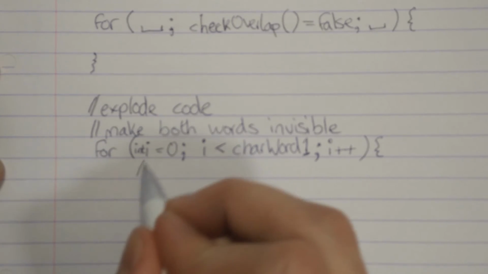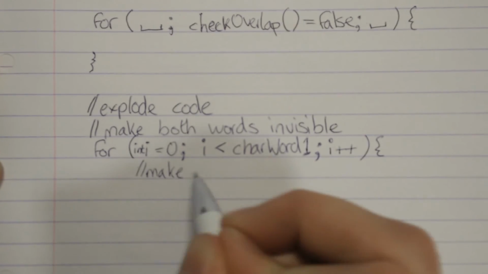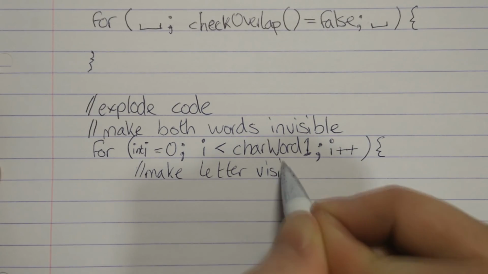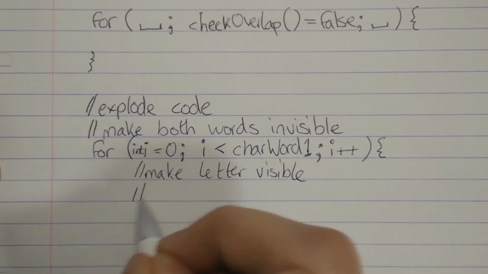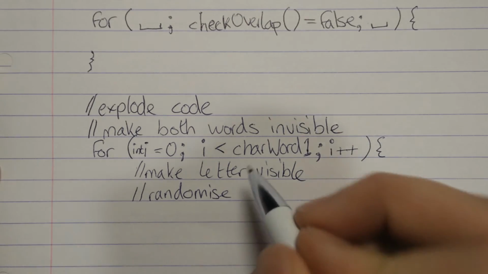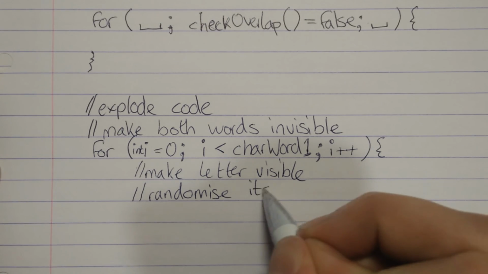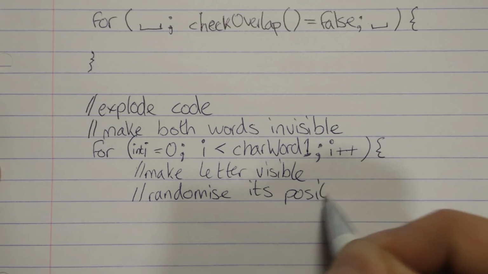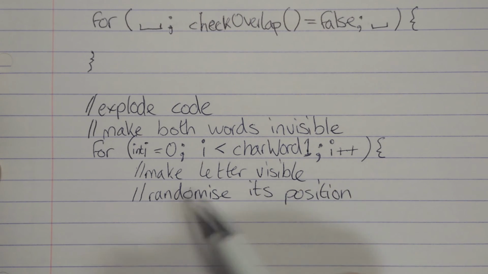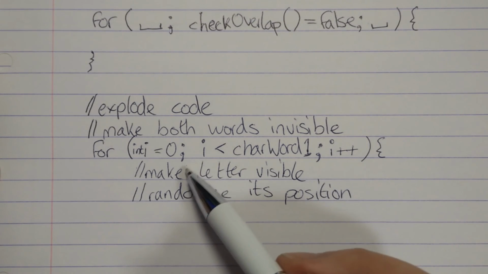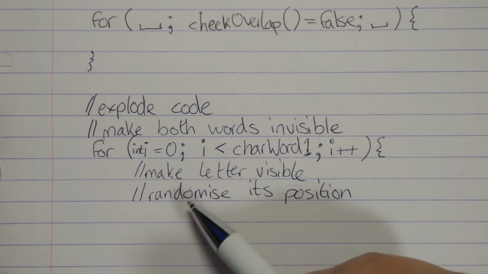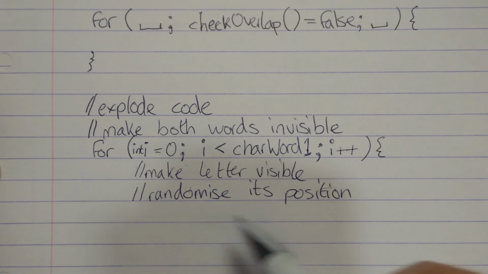So what we want to do is make the letter visible, and we want to randomize its position so it looks like it's exploded. Of course, randomize is spelt the American way with a Z in the code, and you may want to do these the other way round so that it's in a random place and then you see it, rather than it just appearing and then jumping, although I don't think it'll make much difference visually.